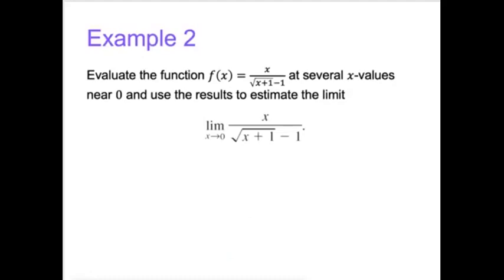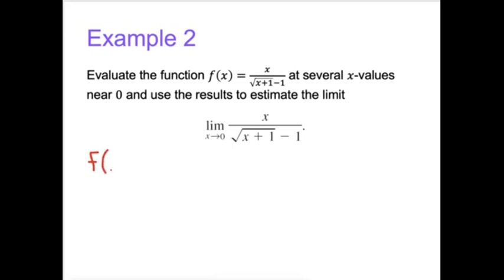Now let's look at example 2. We're asked to evaluate the function f of x equals x over the square root of x plus 1 minus 1 at several x values near 0 and use the results to estimate the limit. So when we evaluate a function, that means that we plug in values. So we want some numbers that are really close to 0 on the right and left side of 0.